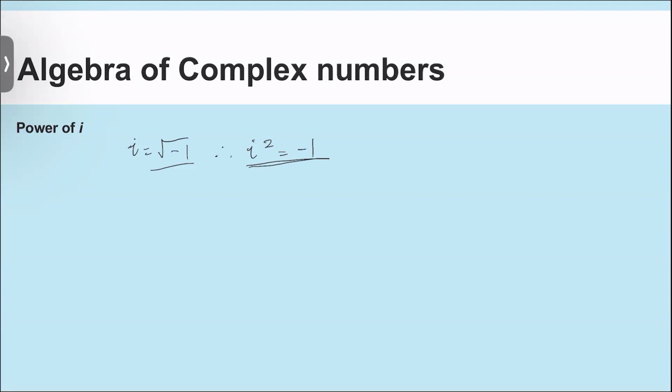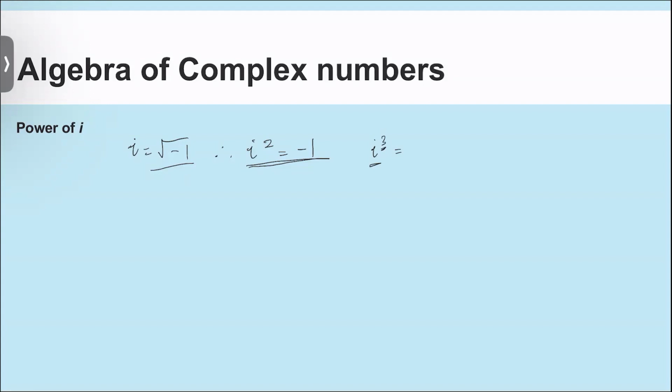Now, if we want to find different powers of this, if you take I cube, for instance, you can bifurcate this. We already know I square is -1, so it is easy for us to remember. Anytime you are asked to find the power of I, this power can be any number.